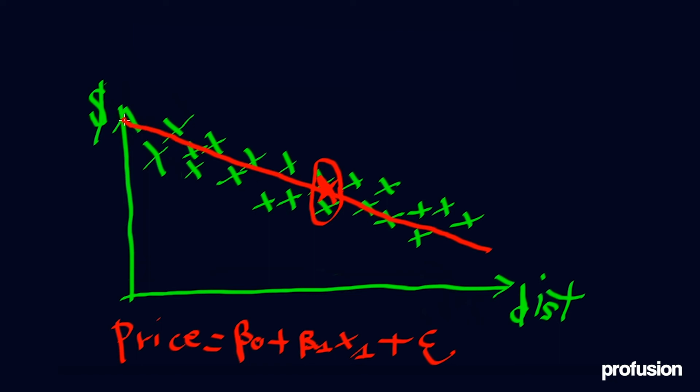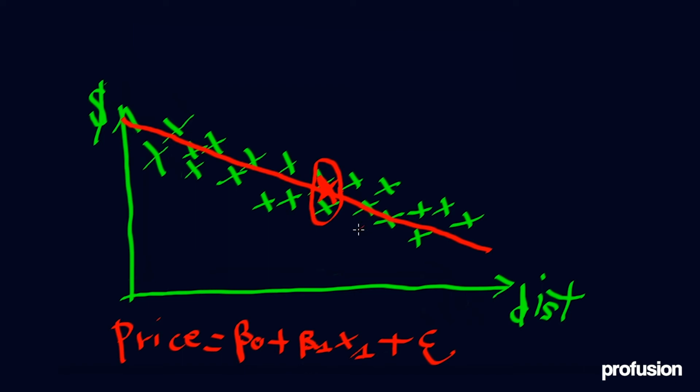So let's say this is $1 million or something, and then as you drop further and further down, you're subtracting more and more off that house price until you're way down here, and let's say that the house price becomes 250,000.